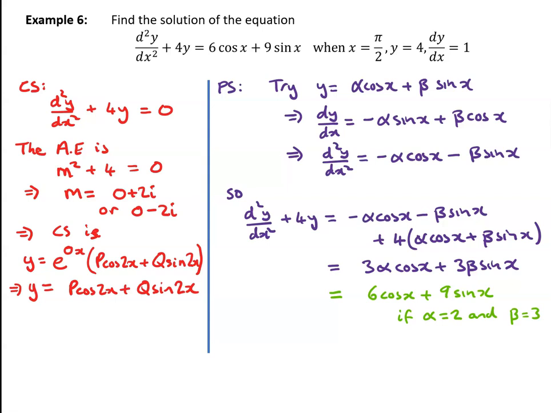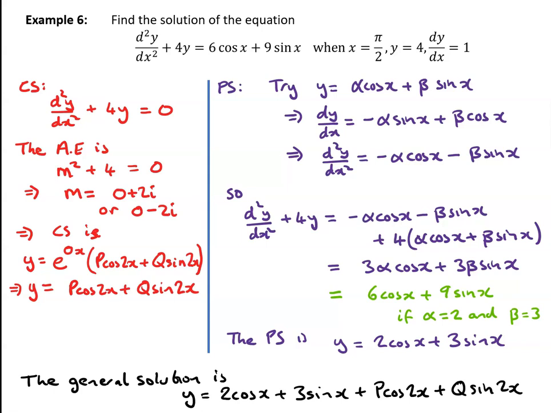So I've got a particular solution of y equals 2 cos x plus 3 sin x. And finally, I've got a general solution of y equals 2 cos x plus 3 sin x plus p cos 2x plus q sin 2x. But I need the solution which satisfies that when x equals pi by 2, y is equal to 4, and dy by dx is equal to 1.